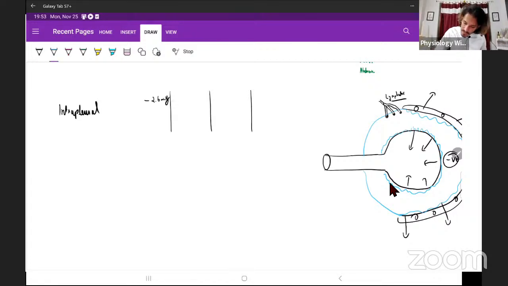Now from here, you see that the intrapleural pressure goes down and then it comes back up. This is during inspiration. This is during expiration.